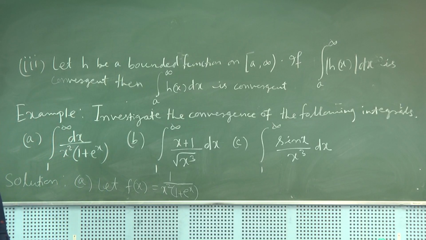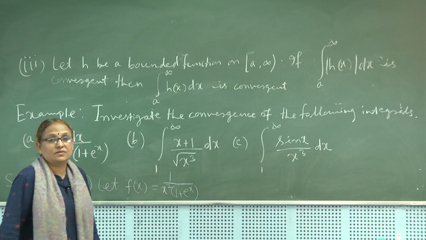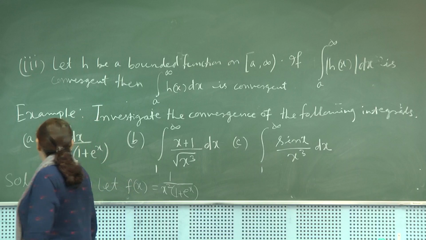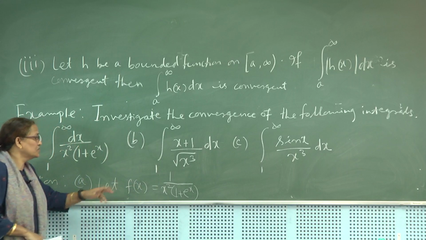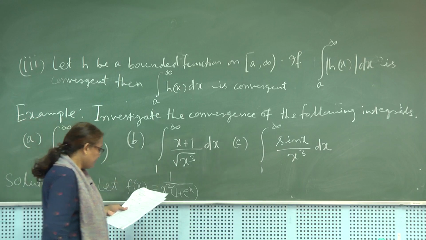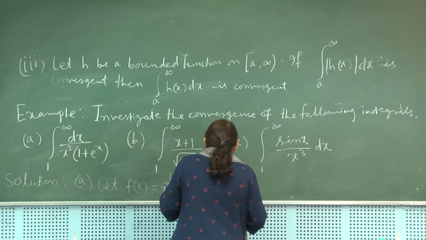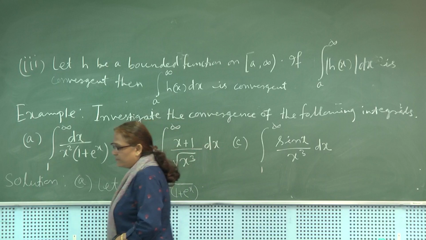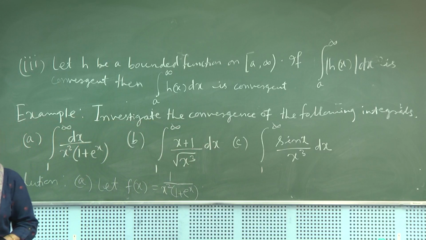So, for that we have to think of another function g(x), and we shall do comparison with the given function. So, just observe one thing, how to get the other function g(x), so that we can compare with this.